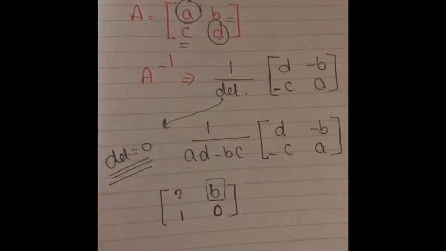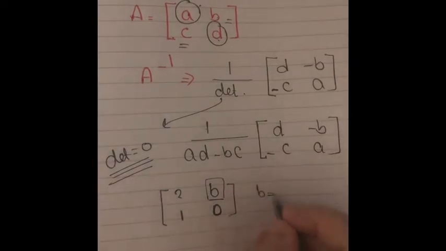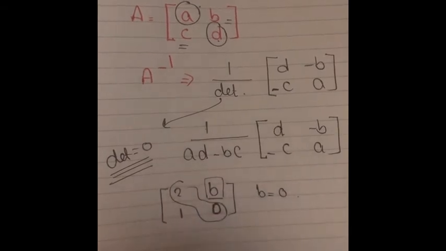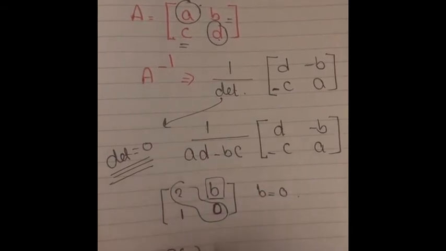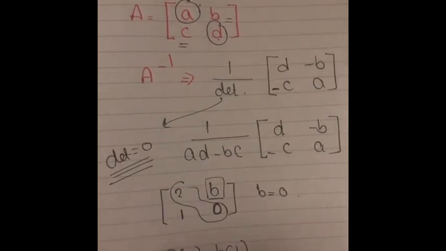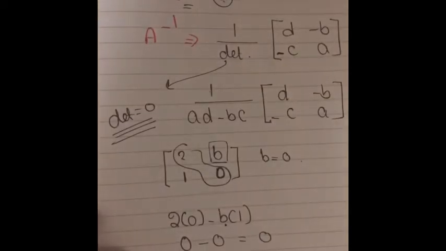So definitely, if b is equal to 0, then it will not have an inverse. Why? Because I have 2 times 0 minus b times 1. This is 0, and if I make b 0 as well, I'll have 0 minus 0. This is just a quick example. You have lots of them in your tests.